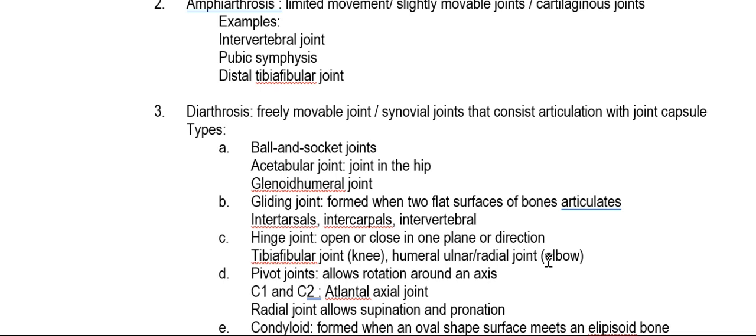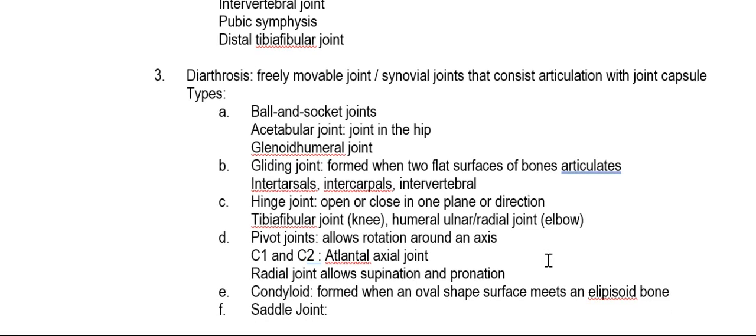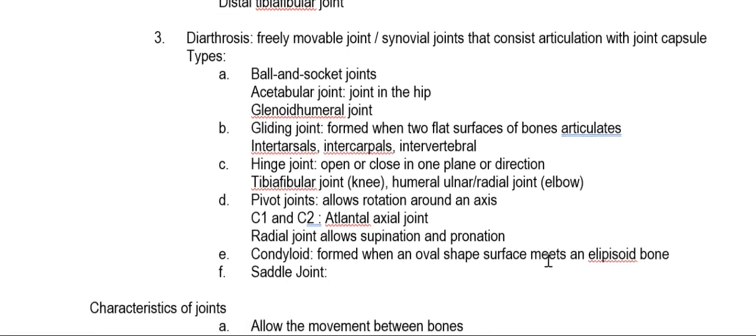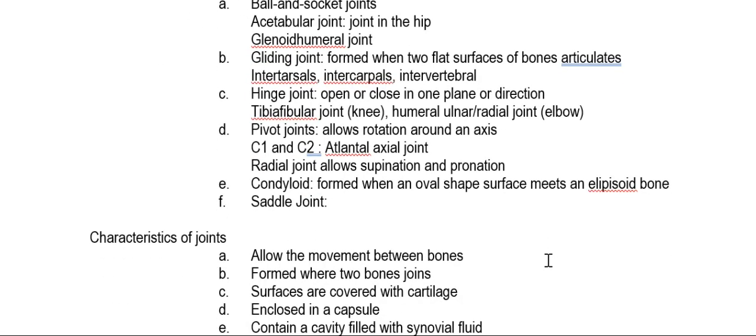The joint in your radius allows your supination and pronation. Now, next is your condyloid joint, formed when an oval-shaped surface meets an ellipsoid bone. So these are your irregular connections between irregular bones, and also your saddle joints, irregular bones ang nag-connect.